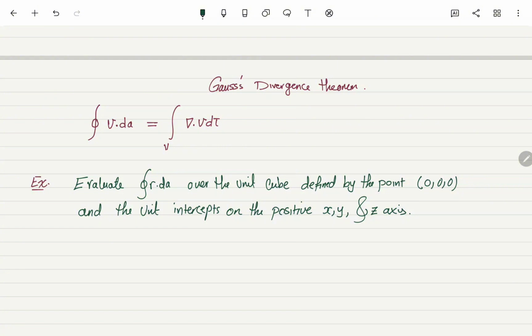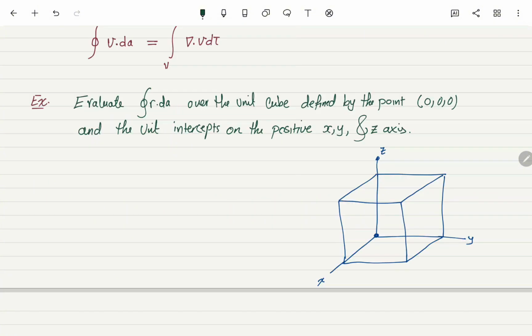Evaluate the integral of r dot dA over the unit cube defined by the point 0, 0, 0 and the unit intercepts on the positive x, y, and z axis. Here's the situation, this cube here.